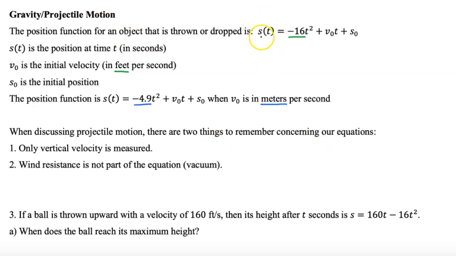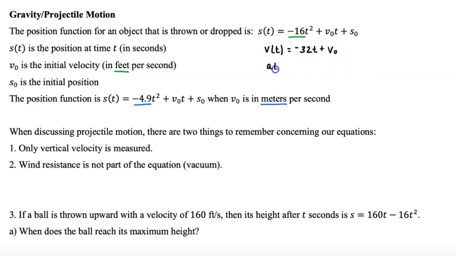Because now I know that when I take the derivative of position, it gives me velocity. So let's find that derivative. Velocity is equal to this derivative. So negative 16t squared, the derivative is negative 32t plus derivative of v naught t, remembering that I'm taking the derivative with respect to t, is just v naught.